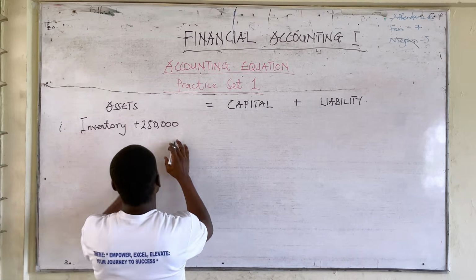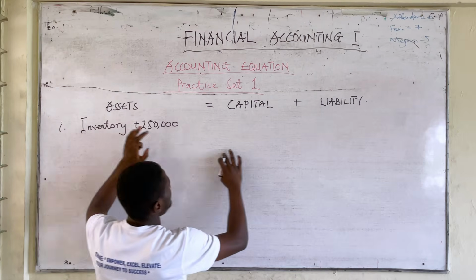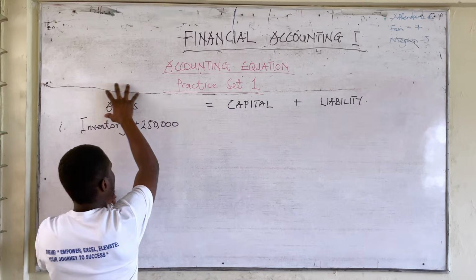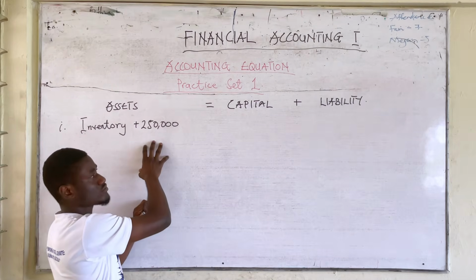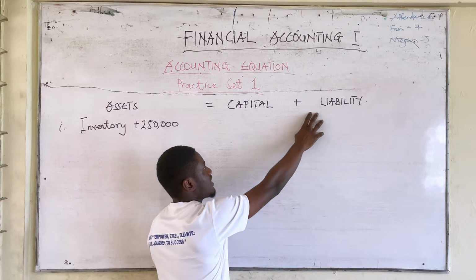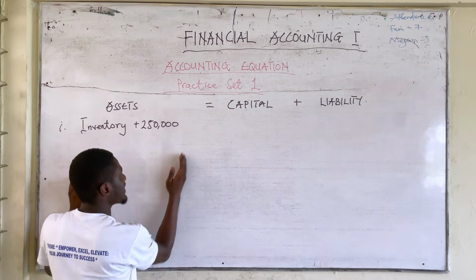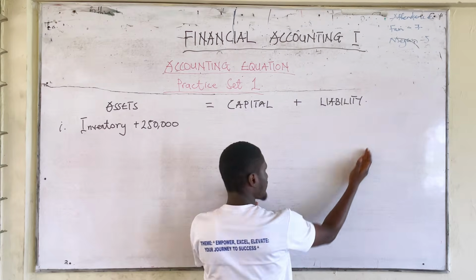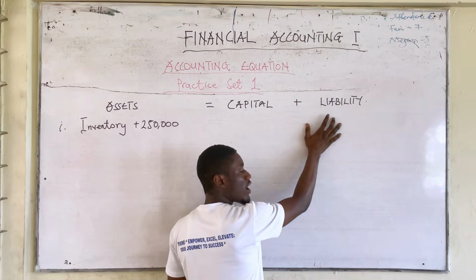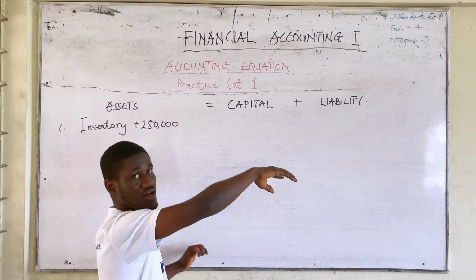250,000. Then we know that here has to be equal to here plus here. So the left side contains the assets, because we know that the equation is assets equals capital plus liabilities. So whatever we get here should be equal to whatever we get here. And we know that trade payable is a liability, so it falls under the right side of the accounting equation.